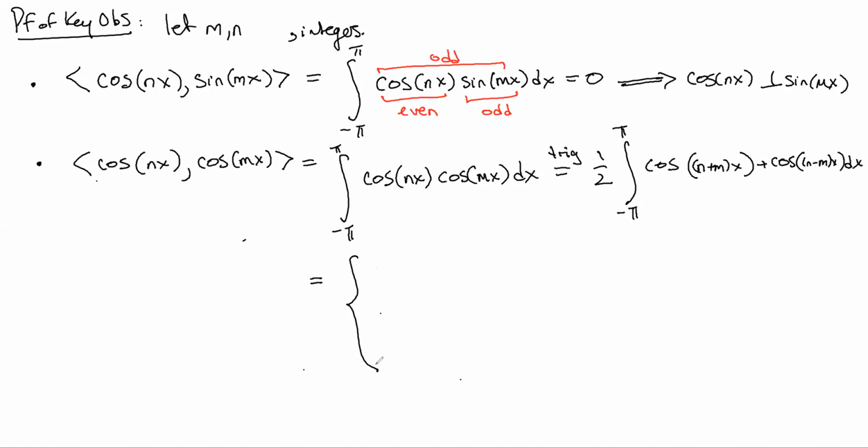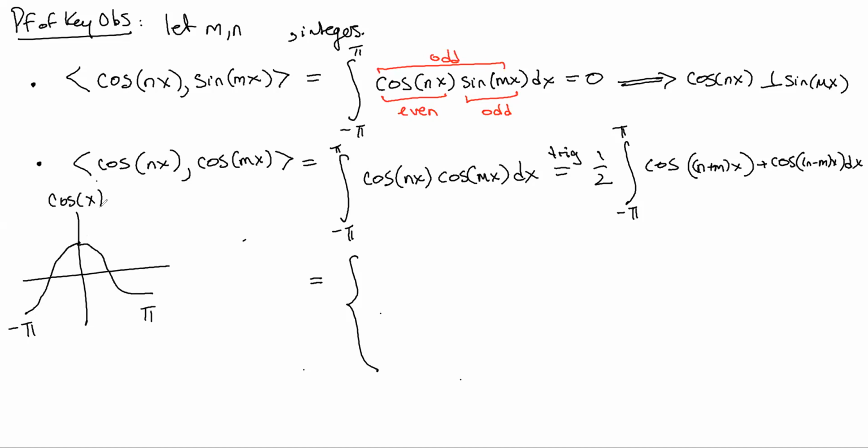The cosine looks like this, and cosine of pi is minus 1.